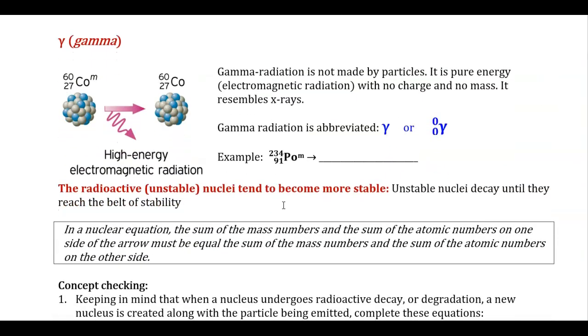Okay, gamma emission. Gamma radiation is pure energy, no particles, just pure energy. As we discussed during the last class, excited states and ground states. I gave you an example that when an atom gains extra energy, it can jump into an excited state, right?